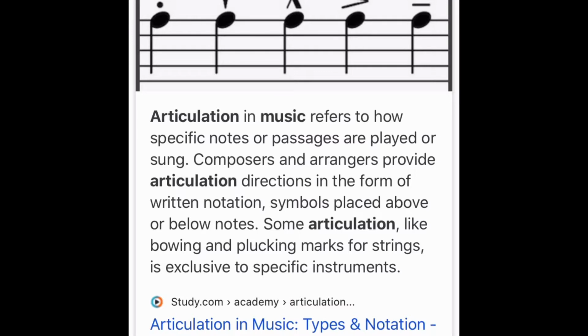The word articulation, not referring to music, in everyday life would be a word that tells us how clearly a person is speaking so that a person can understand what they're saying. If I were to talk to you and say, "Hello and happy Easter, I hope you had a good day," it would be very hard to understand what I said.